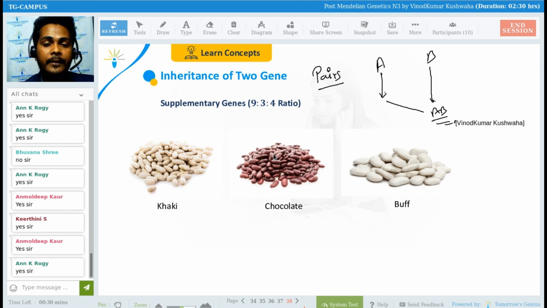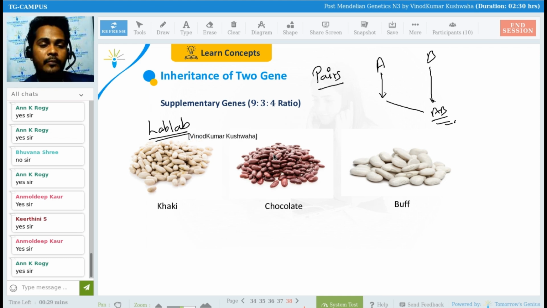This is what the supplementary gene is, and it is nicely observed in the plant lub. Lub is the name of the plant, it is known only by the name lub. So you have to just remember the lub plant for the supplementary gene.